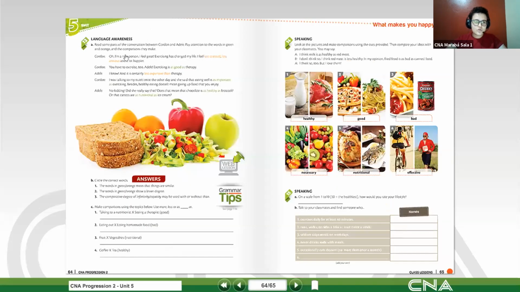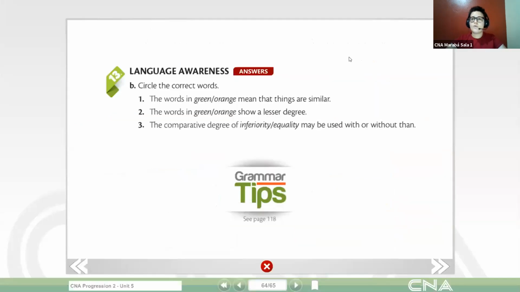Now let's go to part B, where we have circle the correct words. Number 1, the words in green or orange mean that things are similar. Number 2, the words in green or orange show a lesser degree. 3, the comparative degree of inferiority or equality may be used with or without than.